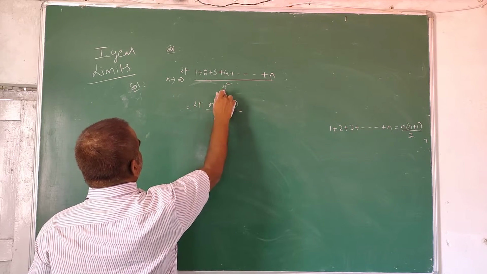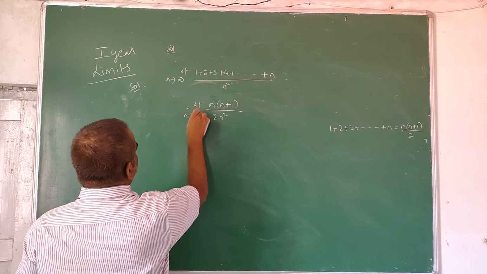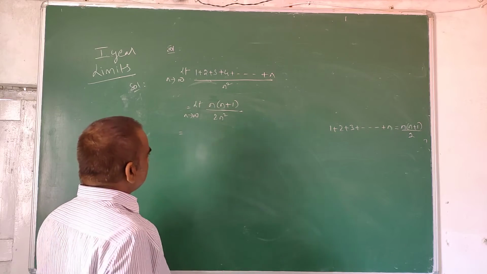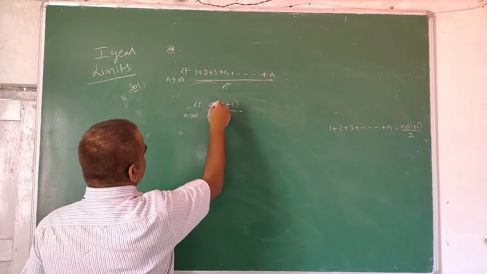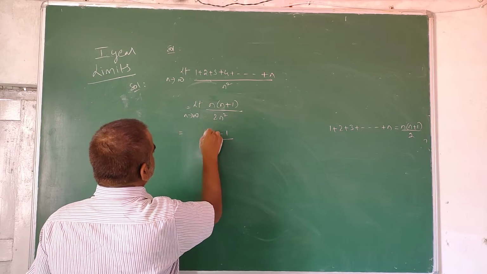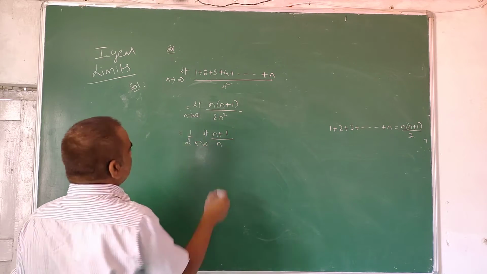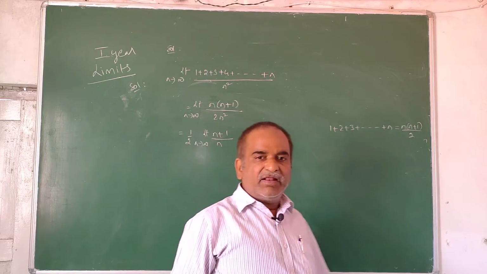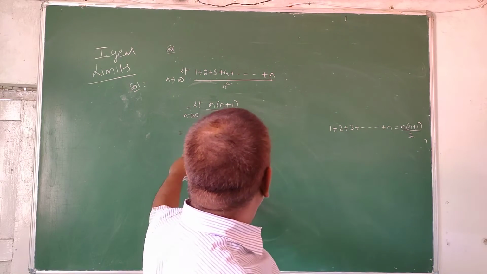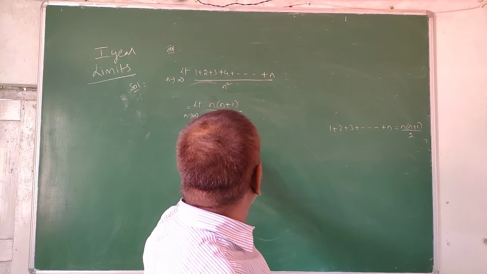Limit, and here there is n square, no, that's why I wrote 2n square. Limit n tends to infinity. Now if you go for cancellation, (n plus 1) by n, limit n tends to infinity. That 1 by 2 constant you can write outside. So I have taken 1 by 2 outside, and after cancelling, n will be there in the denominator.